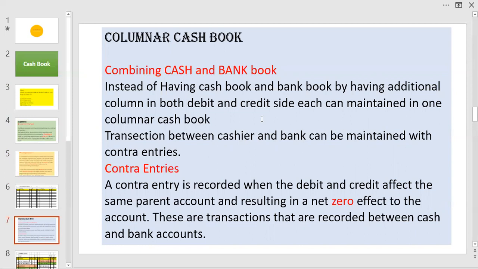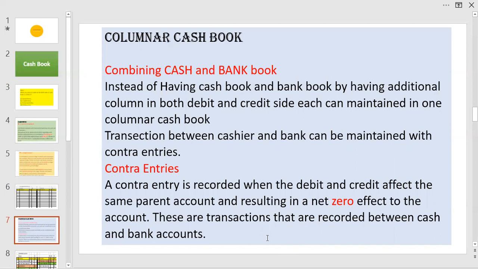Similarly, if you are encashing from the bank, bank column would be credit, cash column would be debit. So these are known as contra entries. Since these contra entries are made within the same book or same account, the result of this entry would be zero effect. It will not affect the ultimate balances.